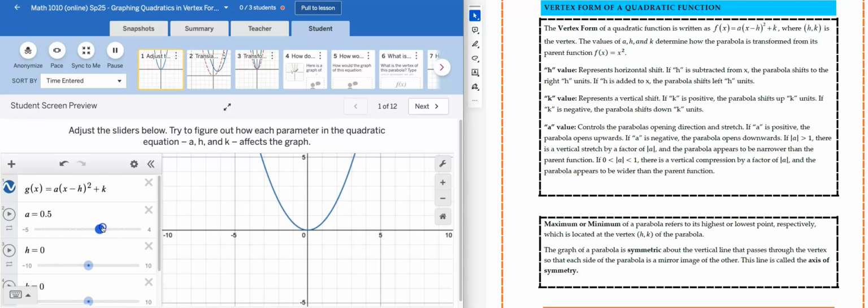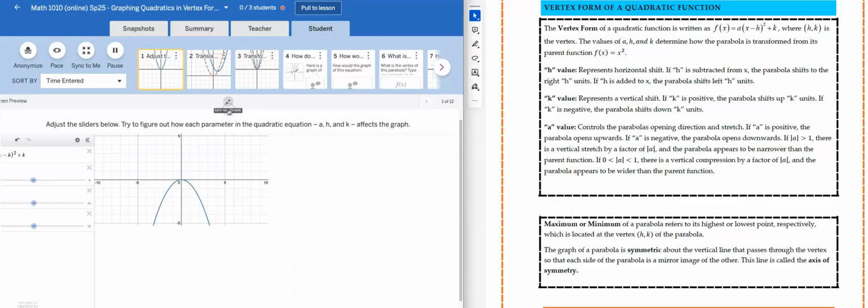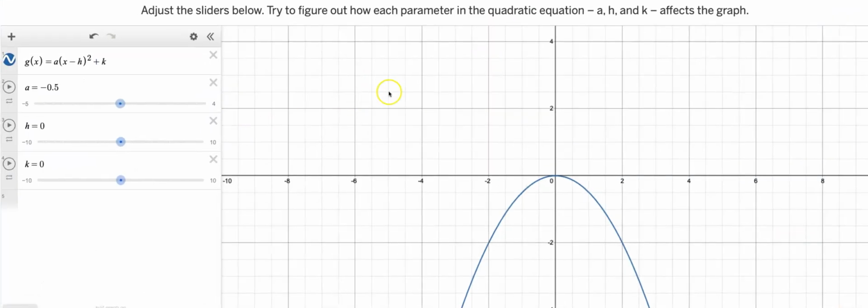You see how that's getting wider than it was before? And then when it's negative, it's going to flip it over the x-axis.